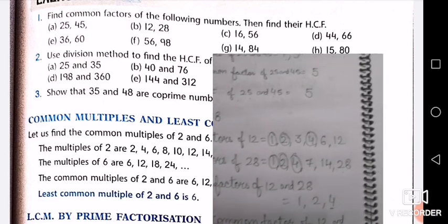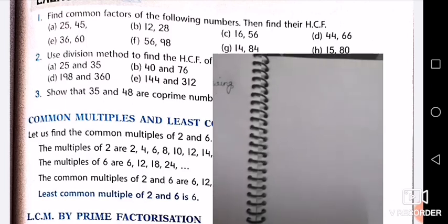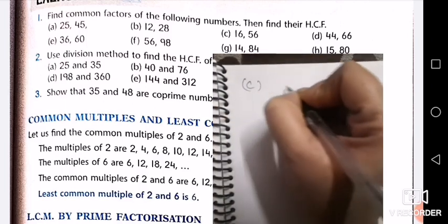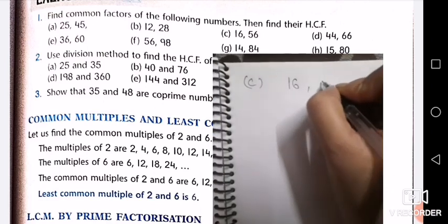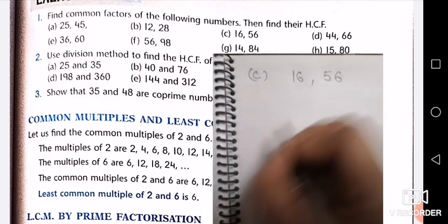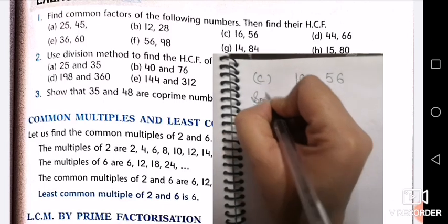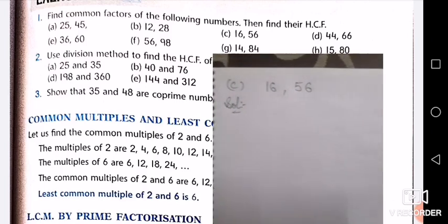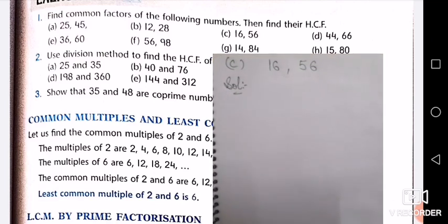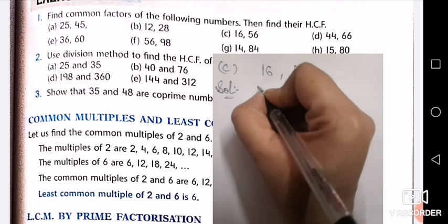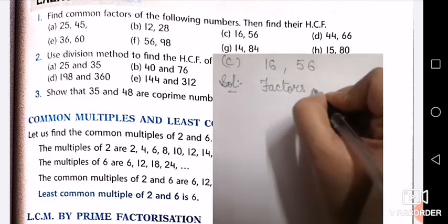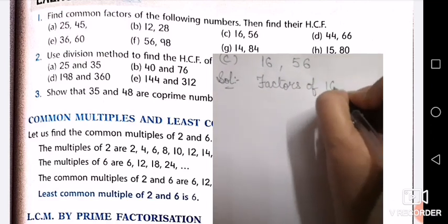So, let's do the next question, that is C part. C part of our question, that is 16 and 56. So now children, you will tell me what is the first step. First step is, yes, correct, writing factors of our first number, which is 16.